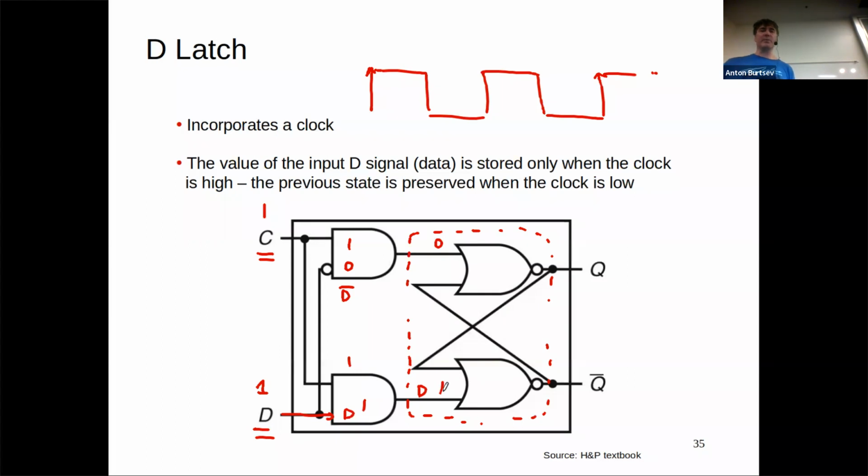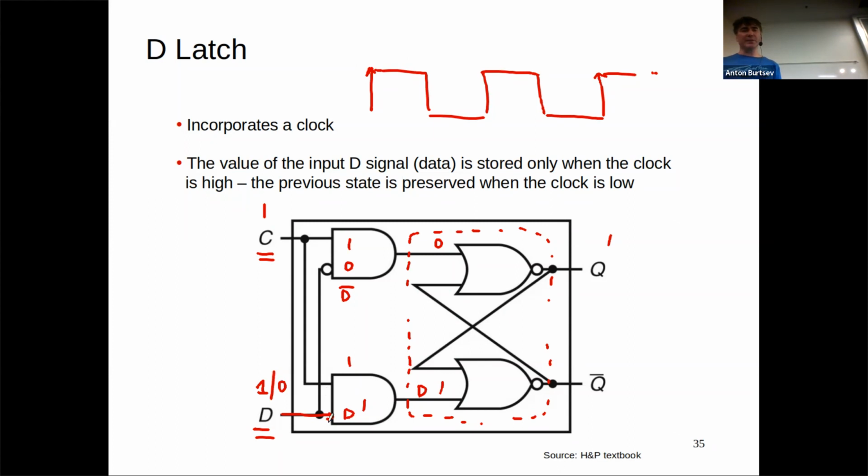So 0 and 1, remember what it means for Q? It sets Q, so it's the set combination for this RS latch, right? So while the clock is high, if D is 0, just to check that we're right.